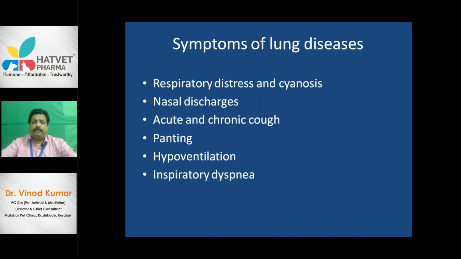Okay, 4 types of nasal discharges are there: mucoid, mucopurulent, purulent and hemorrhagic. Mucoid discharge means it is only thin watery discharge, that is catarrhal discharges. Pure technical term is catarrhal discharges.